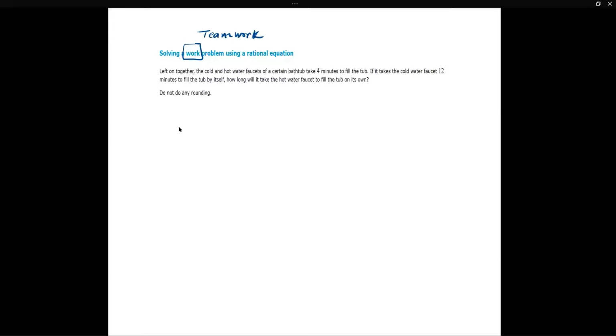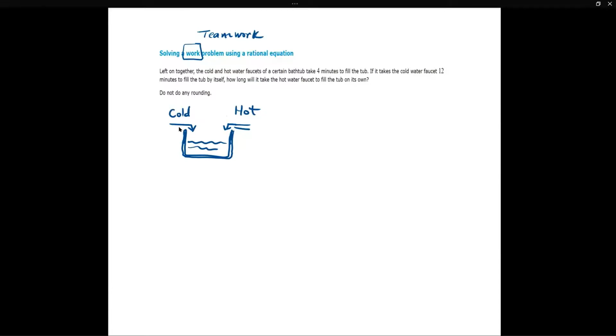So the cold and hot water faucets are left on together. Let's say you have a sink, for example, and you have two faucets, the cold and the hot. For a bathtub, it takes 4 minutes to fill the tub.